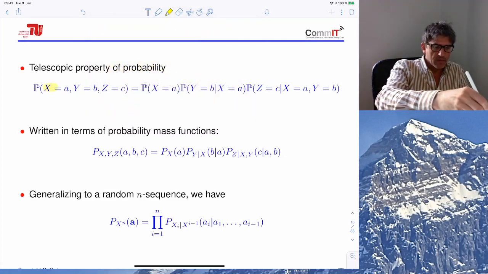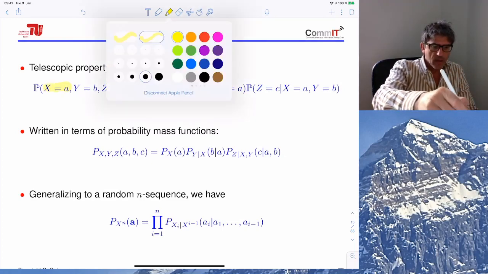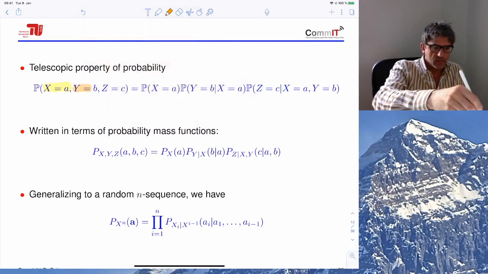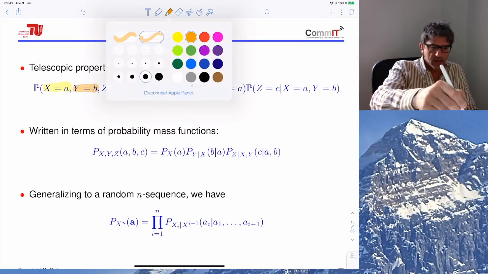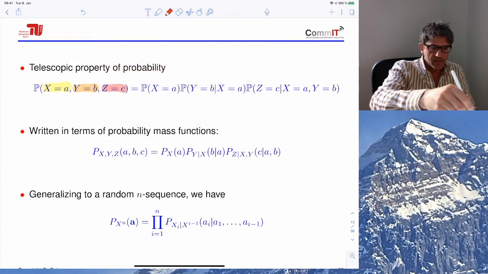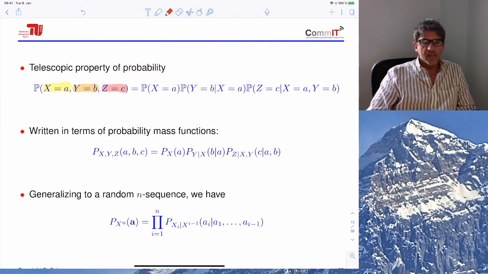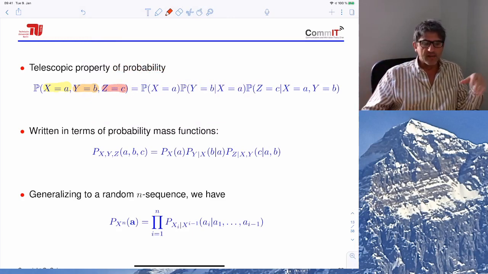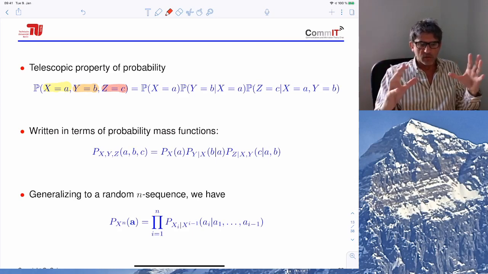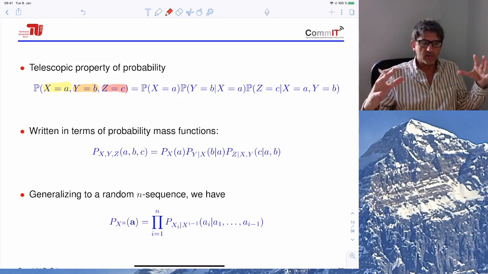So we have this event x equal to a, then this event and this event, taken in any order, it doesn't matter, because and is a logical condition, so it doesn't matter which is first and which is second. And means intersection of those events. They have to happen all simultaneously.